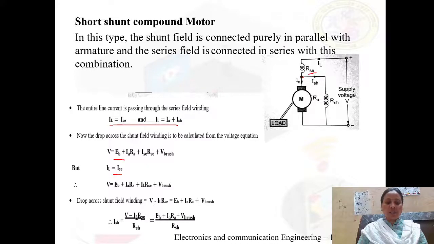Since IL is ISE, we can replace ISE with IL and rewrite this expression for the voltage. On simplifying this, we can also write how to calculate ISH: it is V minus IL RSE divided by RSH, or EB plus IA RA plus V brush divided by RSH.